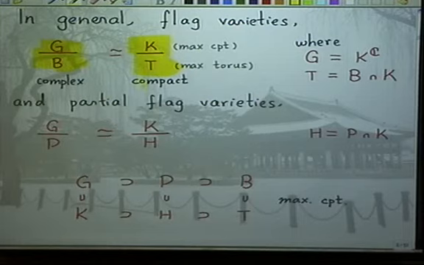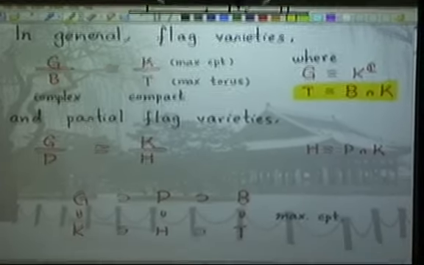So this is a way to see the space as a compact space. Of course, T is also the intersection of the Borel subgroup with the maximal compact subgroup. So K is the maximal compact subgroup in G.